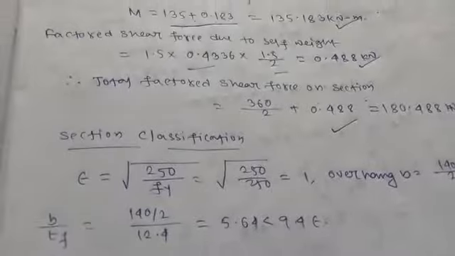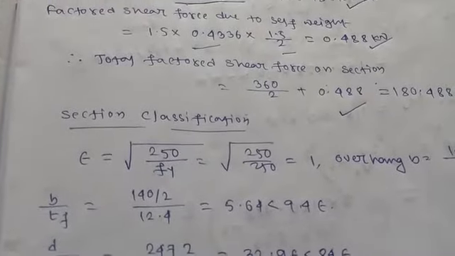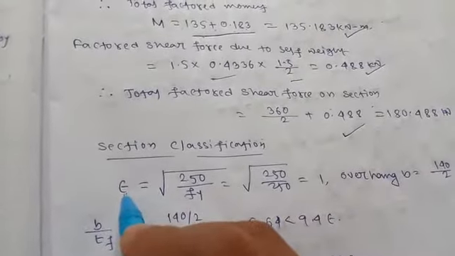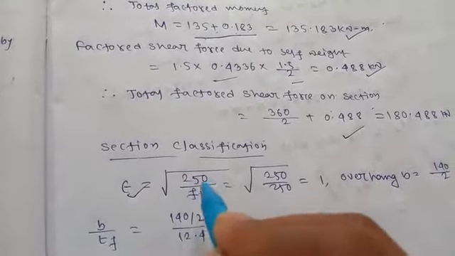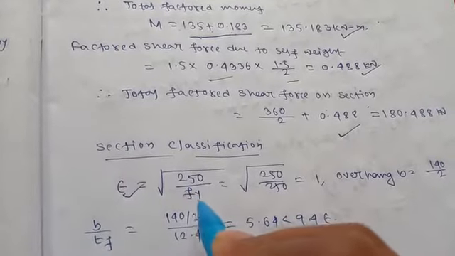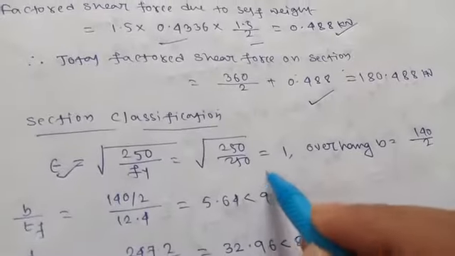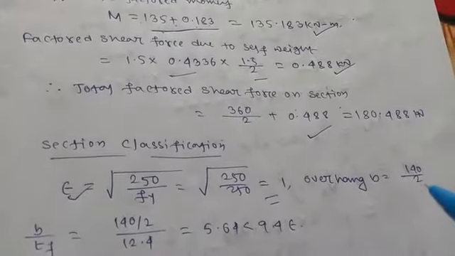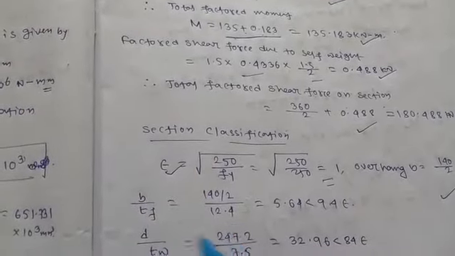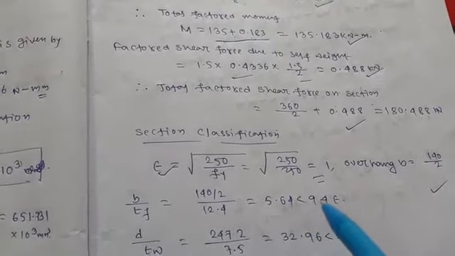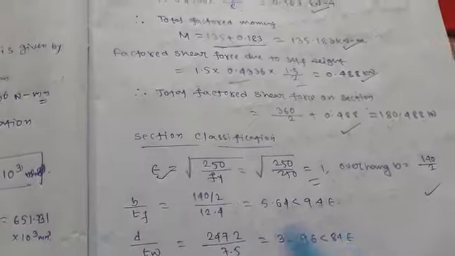Now we find out the section classification. Section classification is found by these methods: epsilon is root of 250 by fy. Putting this value, we get 1. The outstand b is 140 by 2, getting this value. So b by tf, putting the values of tf and b, we get this value, which is less than 9.4 epsilon.